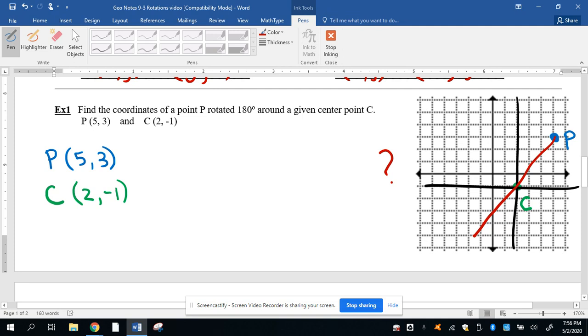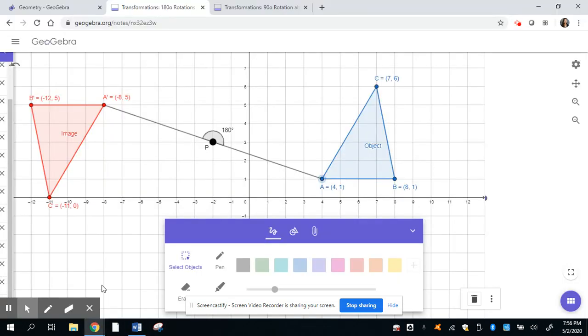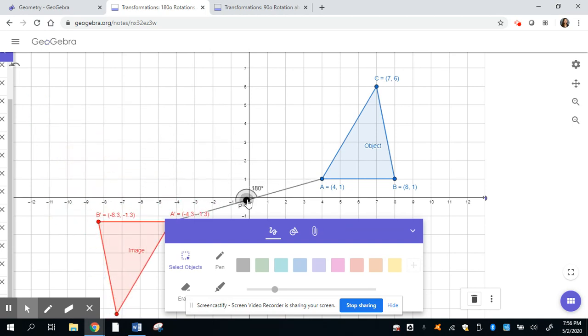So at this point, I go to GeoGebra. I'm going to pull up an applet that I created. For instance, for 1, if it's being rotated 180 degrees with respect to the origin, like we were doing before, it rotates to this -4, -1.